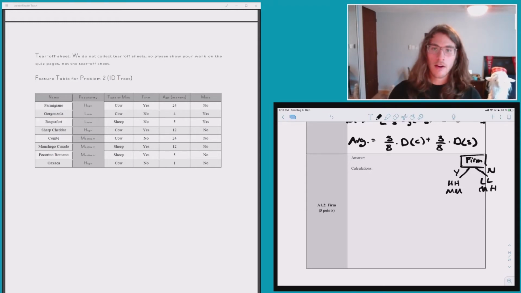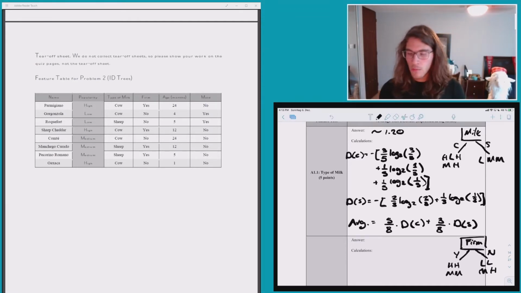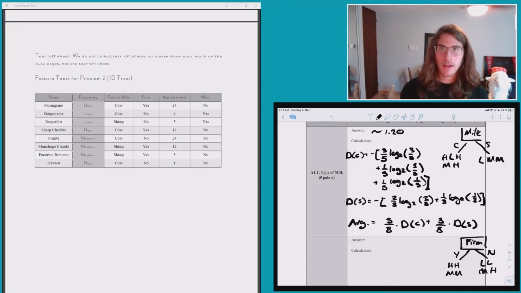As I mentioned in the recitation on ID trees, I should have brought this up earlier: if we're talking about a binary classification, so if we were talking about is popular, isn't popular, the disorder of a branch would be upper bounded by 1. That's the max value. But because we're talking about 3 different classes, high, low, and medium, then the disorder is no longer a max of 1. That's why we have an approximate 1.20 disorder calculation in part A for our type of milk.